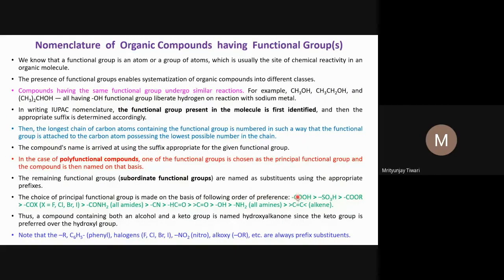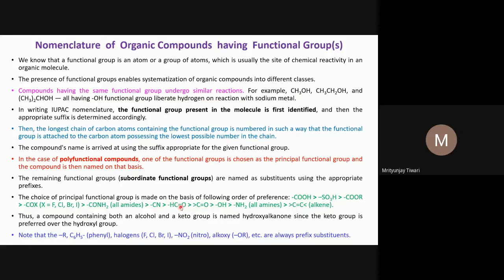So usually it is the COOH group, then the carboxylic acid, then sulfonic acid. Carboxylic acid has the highest reactivity, then sulfonic acid, then ester, and after ester, the acyl halide, or the oyl halide, we see the suffix, and then amide, then nitrile, then aldehyde, and then ketones.